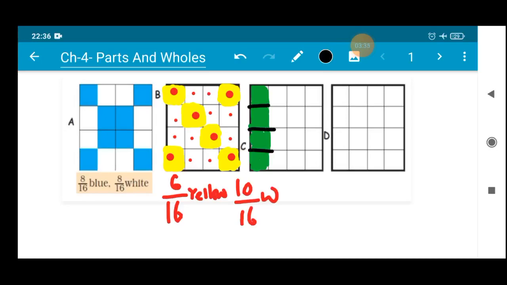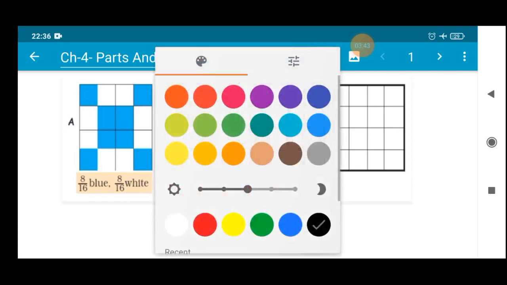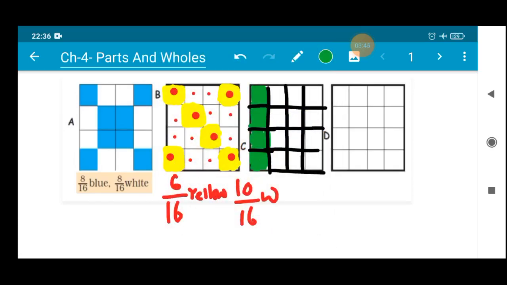So I'm taking the border also here so that you will not get confused afterwards. Okay, next I'll color the whole part here. So in this manner you have to do it.